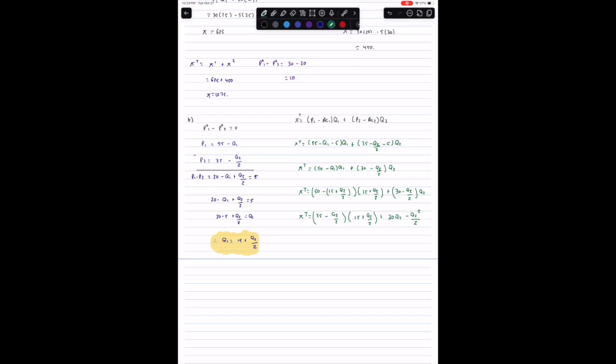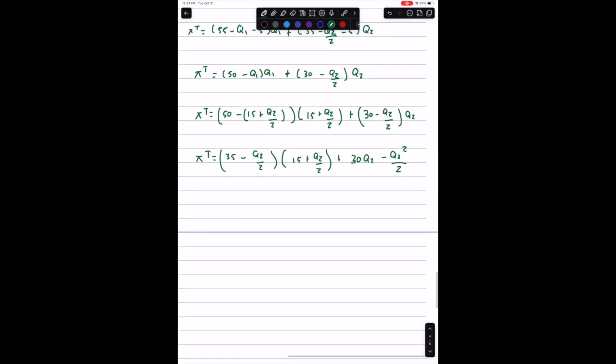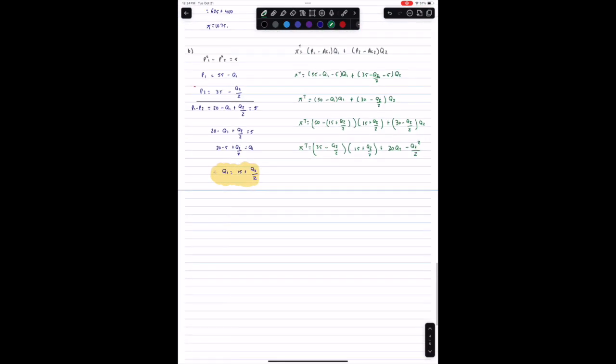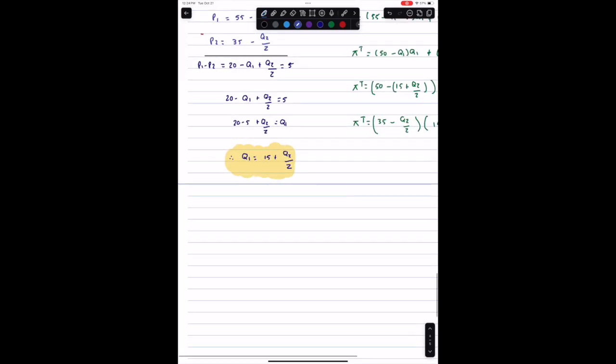Perfect. Now what we're going to do to find Q2 star is take the first derivative and do the first order condition. And you may be wondering why we're going to do that. Well, we know it's a constraint problem, and to solve for the maximum or equilibrium quantity in a constraint problem, we have to take the first order derivative and set the derivative equal to 0. So let me just write this again on this page.